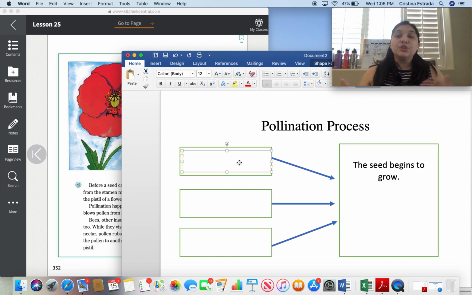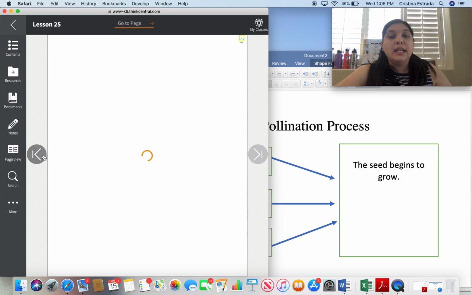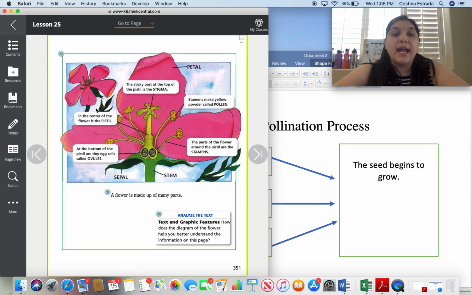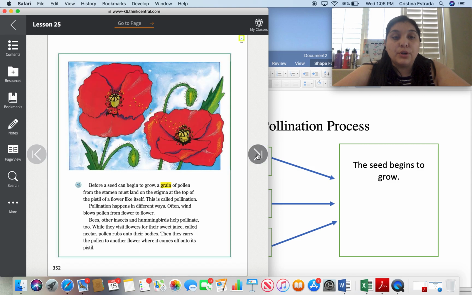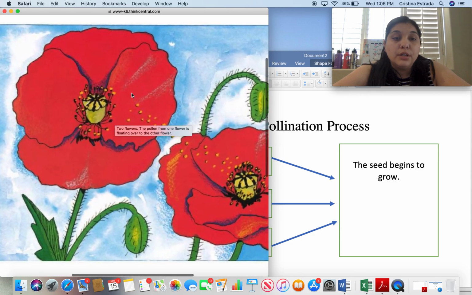Now, what is one of the things that happens first in order for that seed to grow? So I went back to my story, and what I noticed is that after the story told me all of the parts of a flower, then it told me how the seed started to get made. So when I look here at the picture, we can make it bigger.